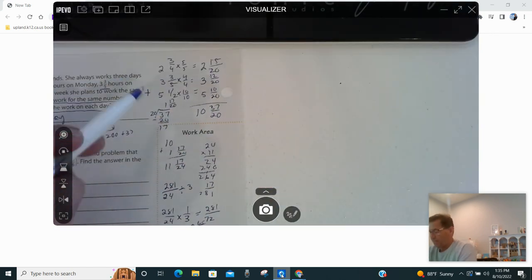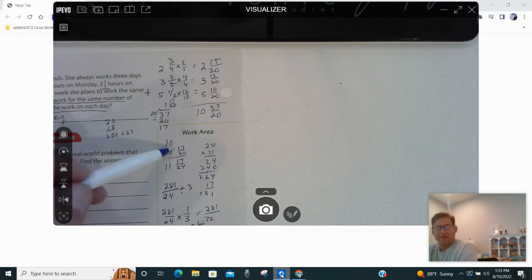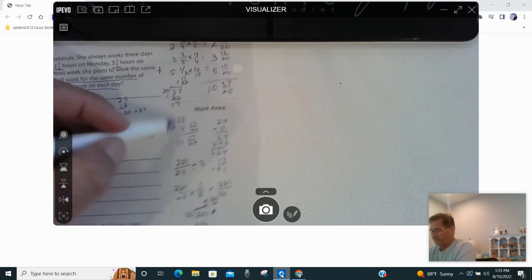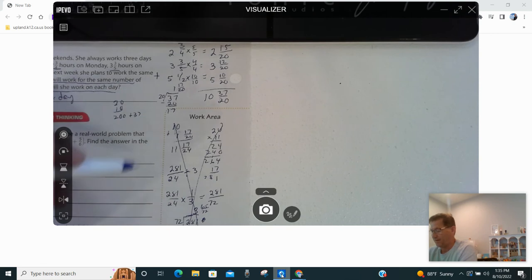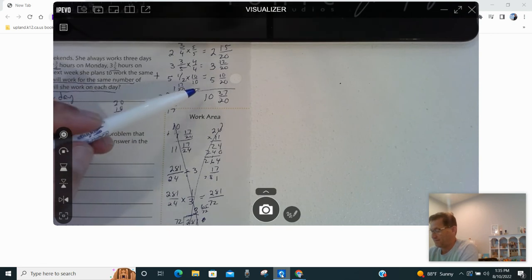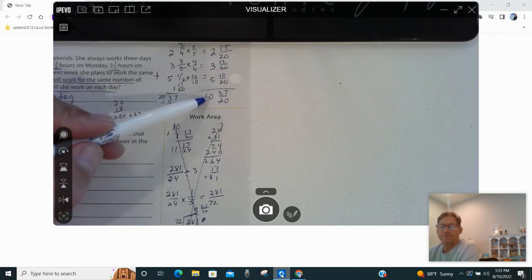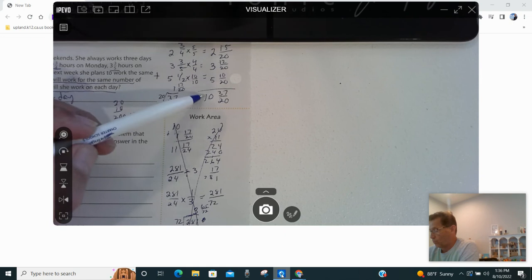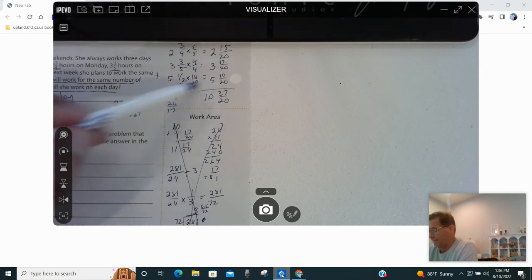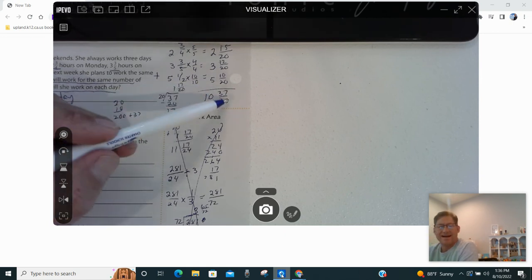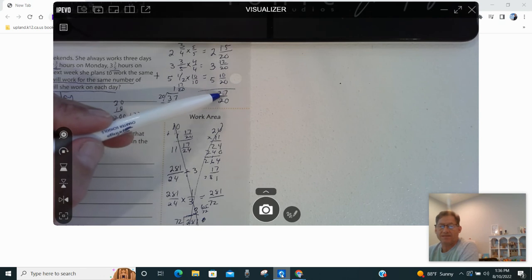Okay, so somewhere along the line here, I confused myself when I changed this answer into a fraction greater than 1. All I had to do was multiply this. I didn't have to change this into a mixed number.